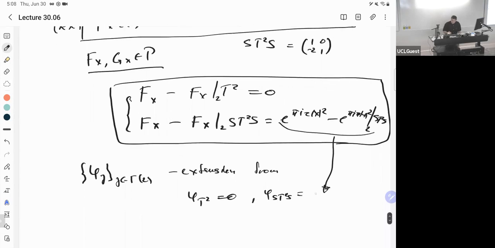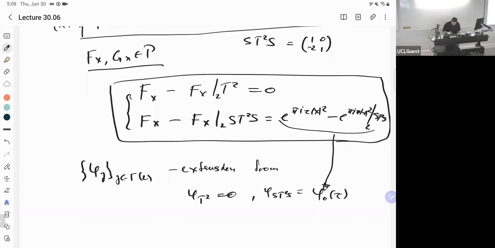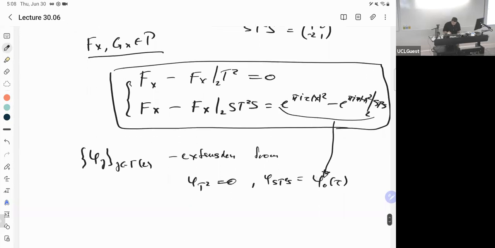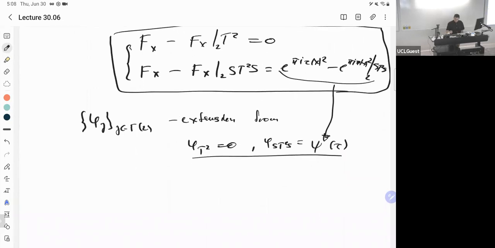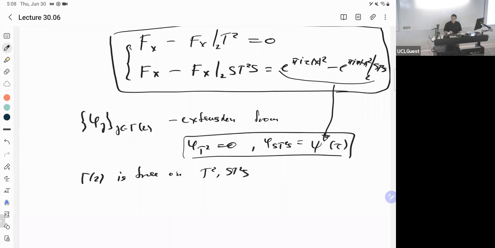So it's just some function, psi of tau. And the point is, you had an exercise yesterday that gamma 2 is free on these two generators. That means that you can make this extension work. At no point will you get contradictions. You can extend this thing to the full group.